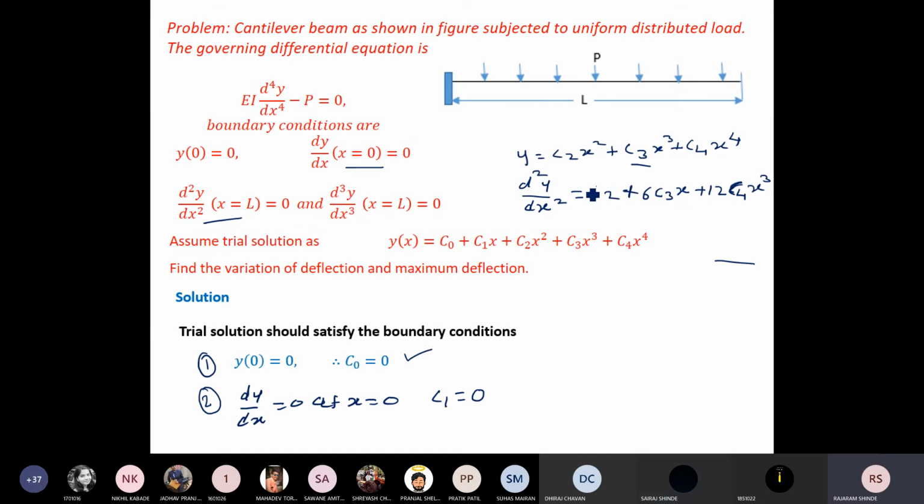Yes, 2C2. That's why I asked you to check it. So 2C2 plus 6C3x plus 12C4x square. Are you checking?